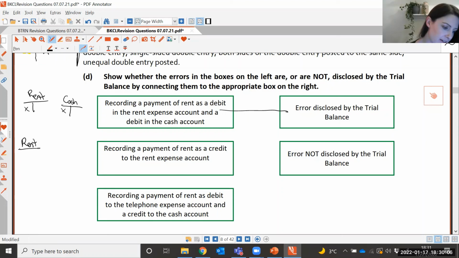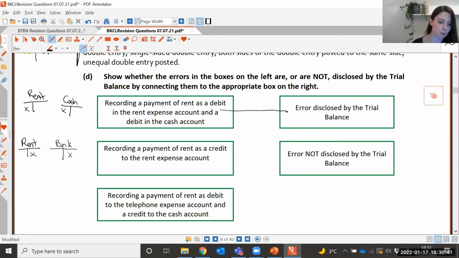So it's rent and then the bank. Now, when an account isn't mentioned, we need to assume that that account was right. So it was a payment for rent, so it would have been a credit in the bank account. They don't mention anything about the bank account in this statement, but because it's not mentioned, we just assume it's right. And then it says they've entered rent as a credit.